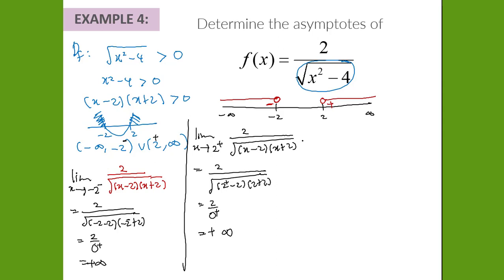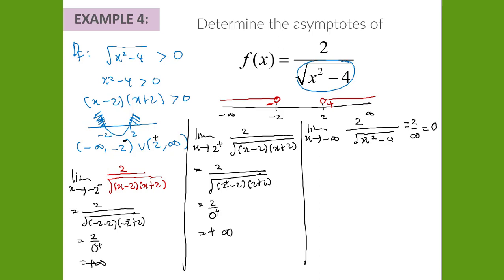Then next step, find the limit as x tends to negative infinity of 2 over the square root of x squared minus 4. When we substitute here, we actually get 2 over infinity. 2 over infinity is equal to 0.